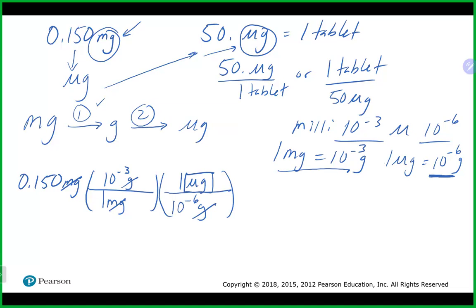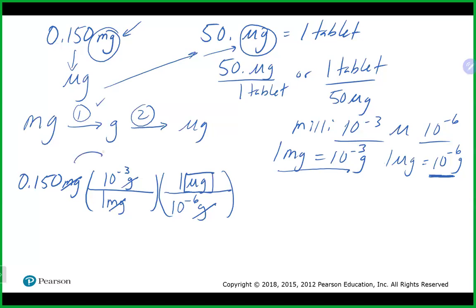Again, we're still going to multiply. So we're going to take 0.150 and times it by 1 times 10 to the minus 3. And we're going to hit equals. When we do that, we're then going to divide it by what's on the bottom.